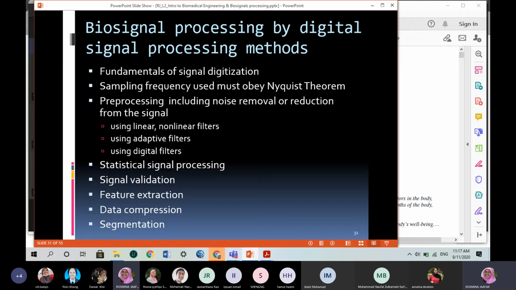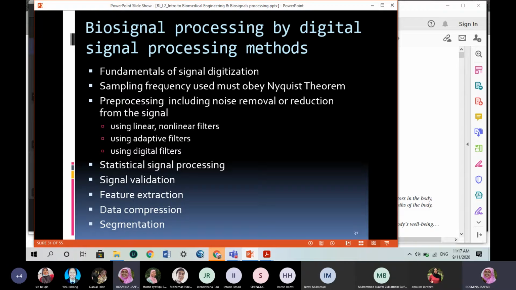Because from the naked eye, you see the signal, you cannot identify it obviously, so you need to do signal processing by computation. So that's the job of the engineers, to do the processing and extract the important features from the signals.